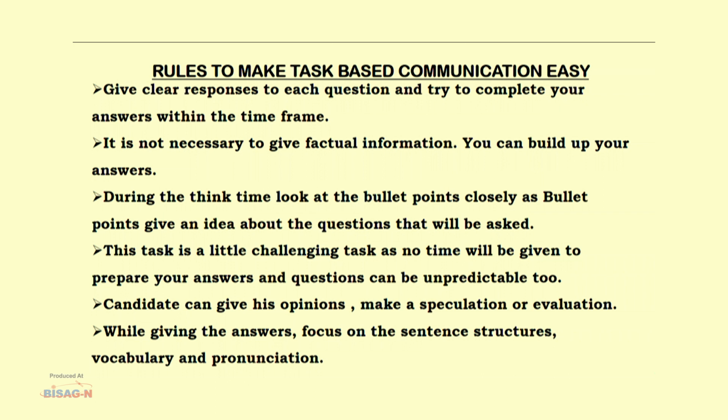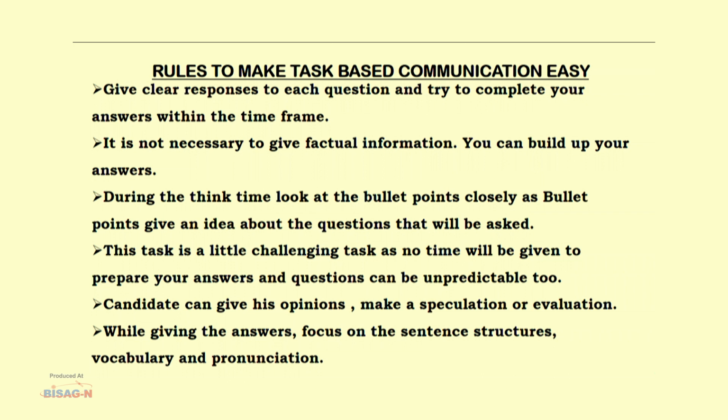The only way to go about acing this particular exam is to keep in mind all the rules and regulations, general and specific instructions, so that you do not forget to include everything in your speaking, or even if it is writing or the other modules.